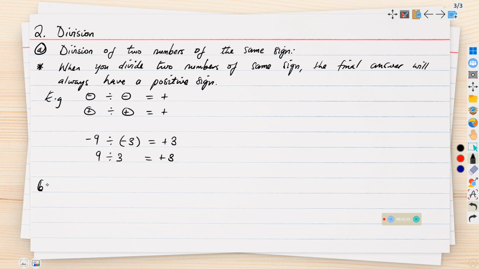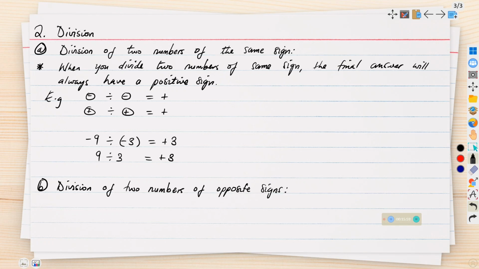B, we are saying division of two numbers of opposite signs.